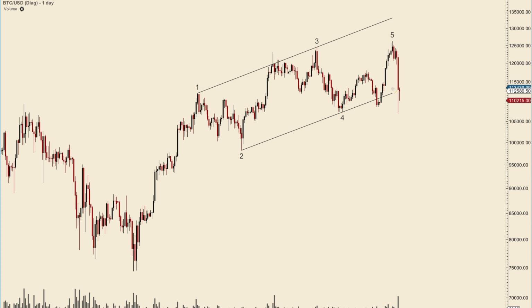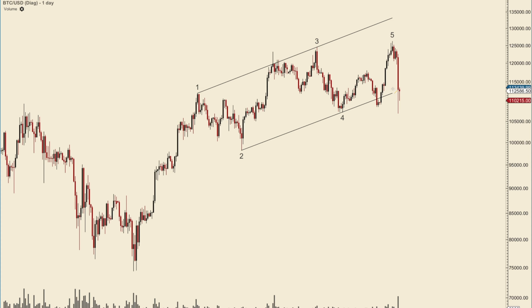So if we take a diagonal tool here and just pull it from 1 to 3, and then we shift 4 to 2, you can see it's ever so slightly moving inwards, which means that these lines are expanding.